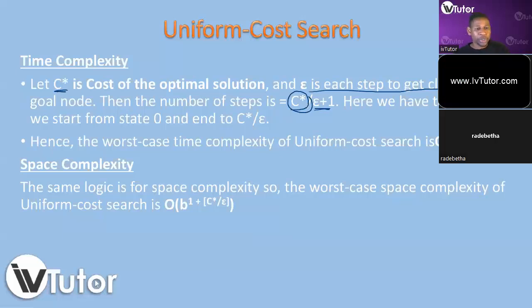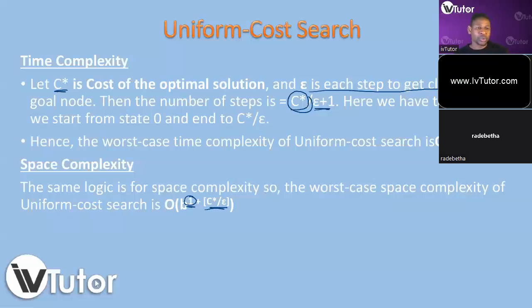For the same logic, you're going to have the same for the space complexity. You're going to keep the 1 starting from 0 plus the cost of the optimal over the number of steps. So here we're not counting levels, as in breadth first, but we're saying the cost over the number of steps taken.